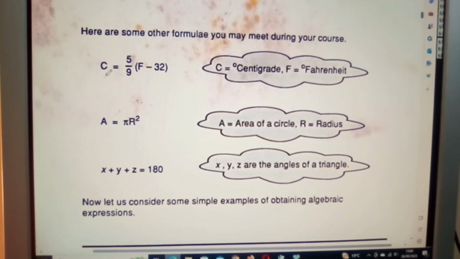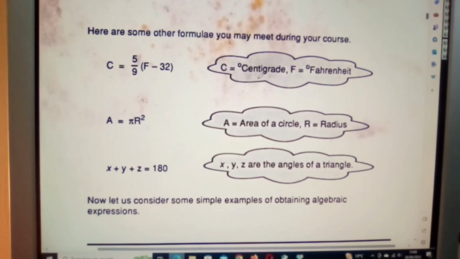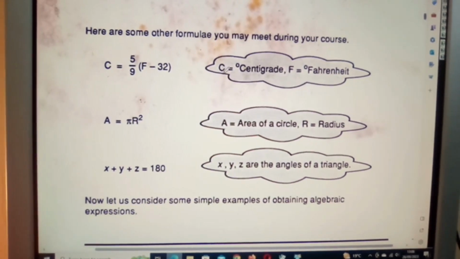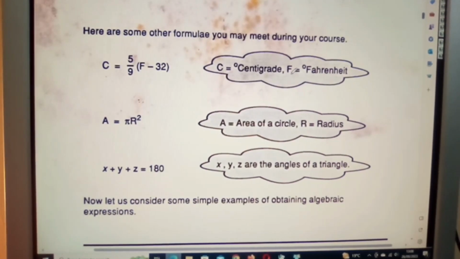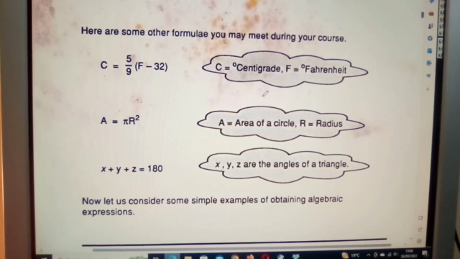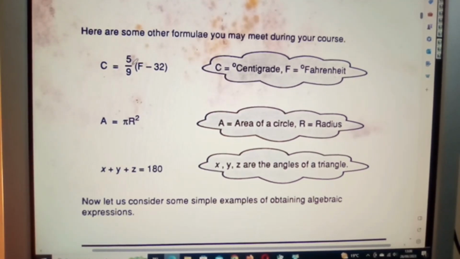We're trying to find the degrees Celsius when we've been given the degrees in Fahrenheit. Okay? C equals degrees in Celsius, centigrade. So to find the degrees in Celsius, it's F. You do that.